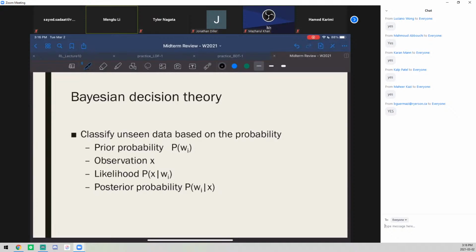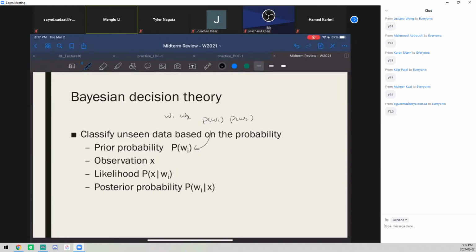For a very general case, we have two classes, for example W1 and W2, and we know the probability of each class, P(W1) and P(W2). We call this kind of probability the prior probability.